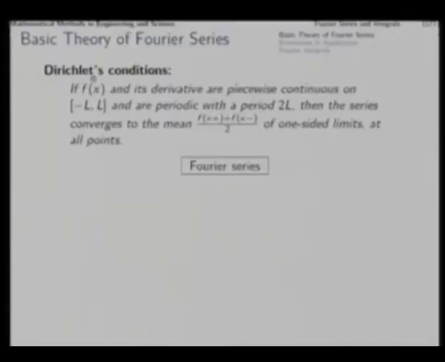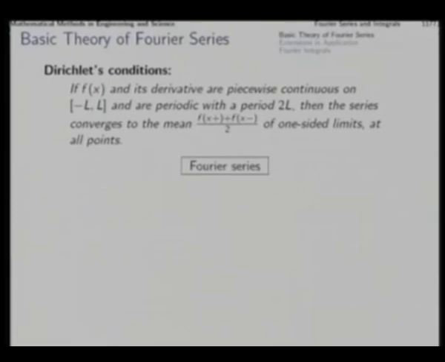In the general case of Sturm-Liouville problems, the function that we want to represent was needed to be continuous itself. Here we are saying that even if the function itself is just piecewise continuous, that will be good enough.